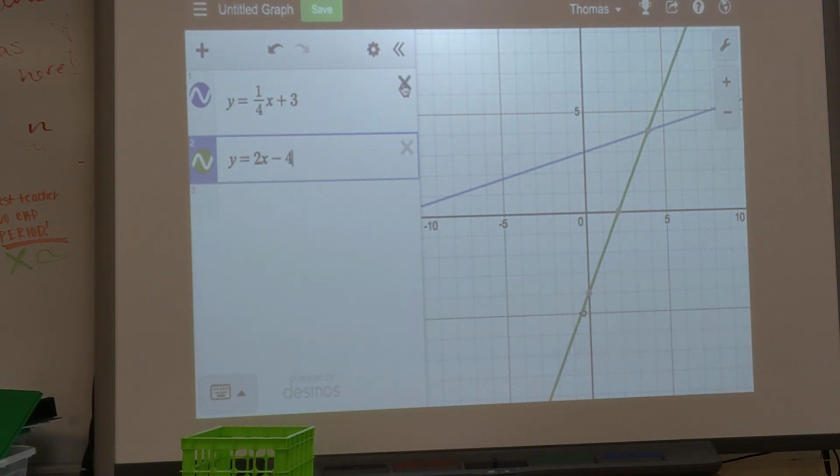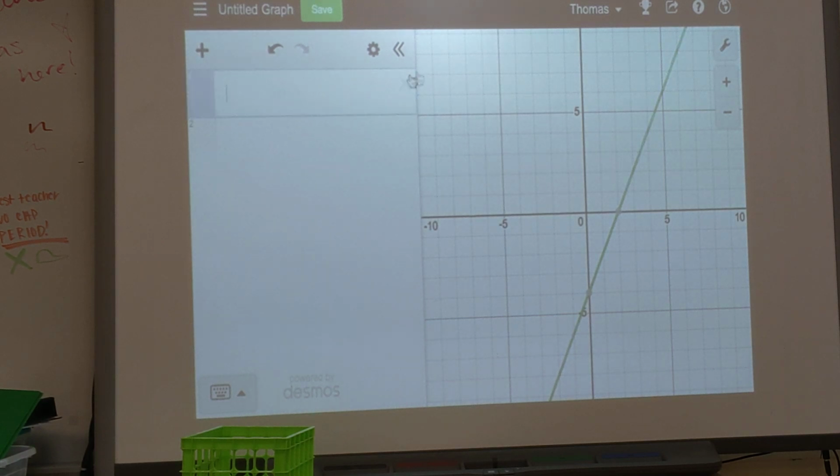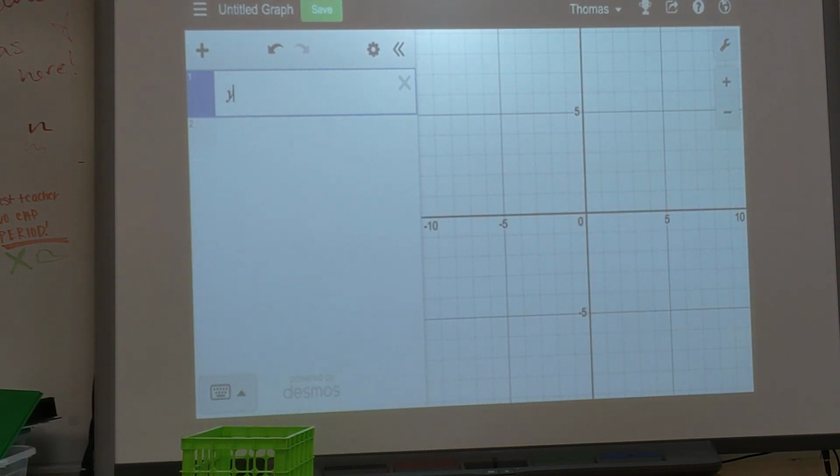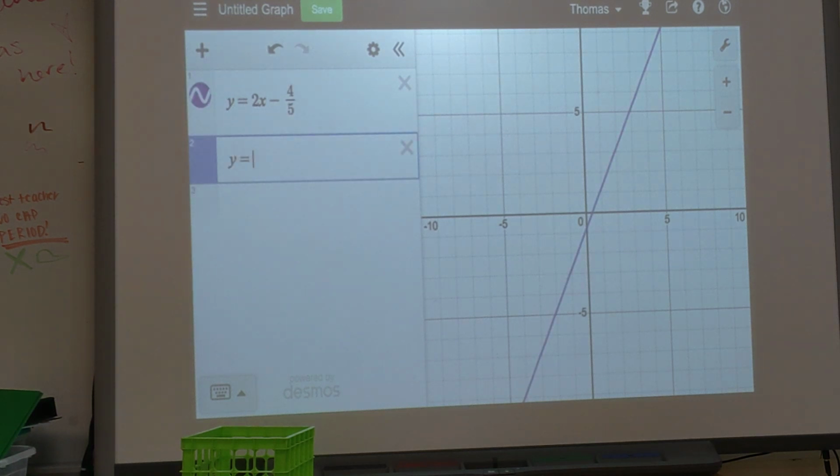All right, and then finally, I've got y equals 2x minus 4/5 and y equals 2x plus 3. If you look at that, those two lines are parallel lines.